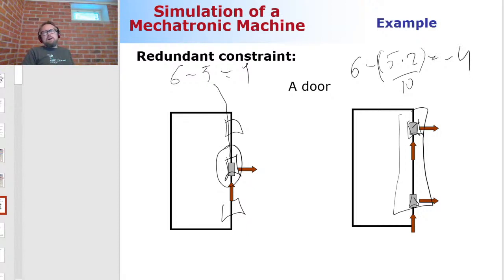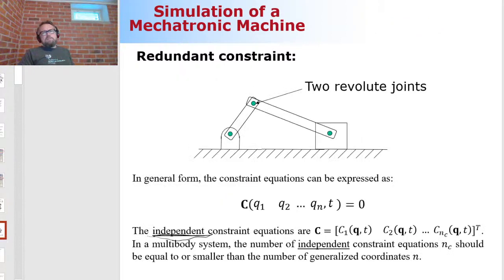So it's a better modeling policy to try to avoid systems with this kind of dependent constraints. Try to avoid it as much as you can. Independent constraints are the key for success. If you put in 2 revolute joints like here, they will not eliminate anything, because it's like double constraints and they have the same effect.